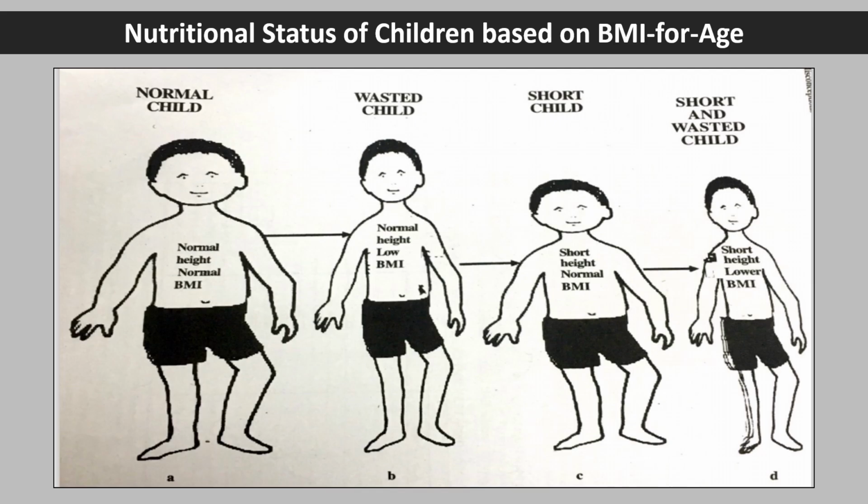On the other hand, a short child will have a short height and a normal BMI, whereas a short and wasted child will have a short height, will be stunted, as well as a lower BMI. So, by looking at the height and the BMI, we can assess the nutritional status of the child.